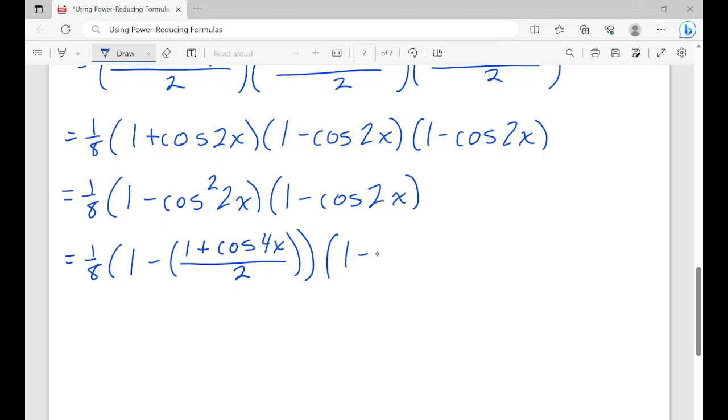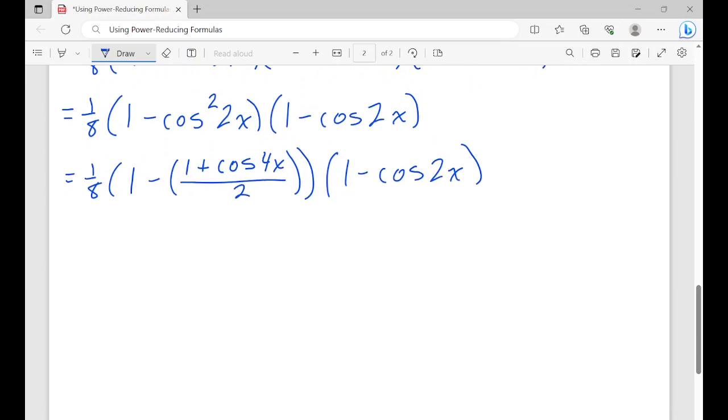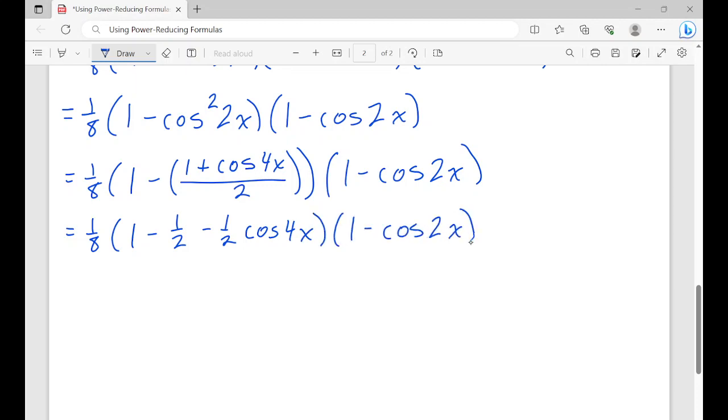And then 1 minus cosine 2x. Now I'm going to distribute the negative and break this one fraction up into two fractions. So 1/8, 1 minus 1/2 minus 1/2 cosine 4x, 1 minus cosine 2x.